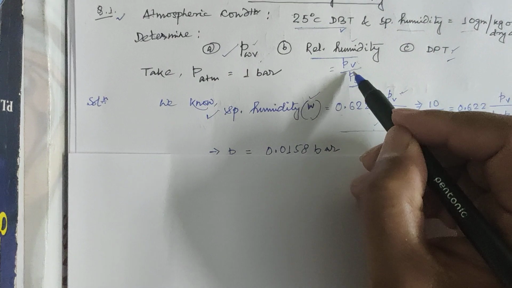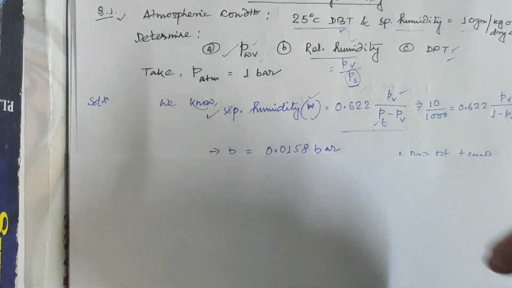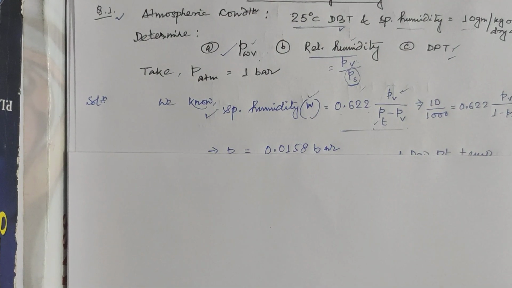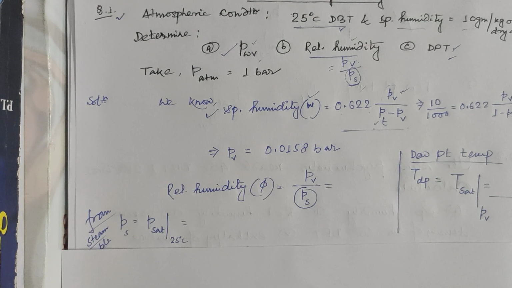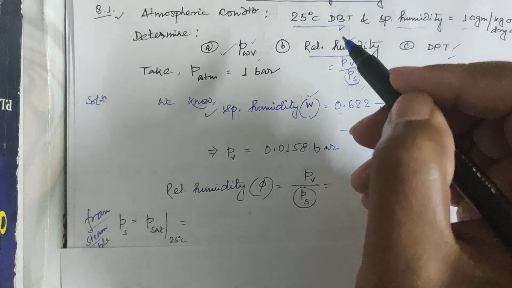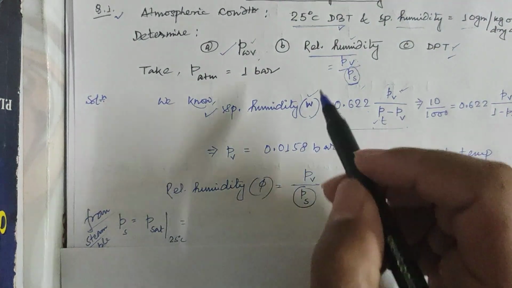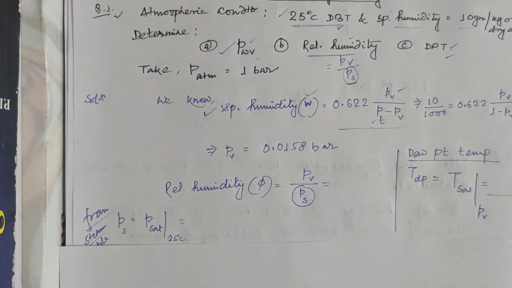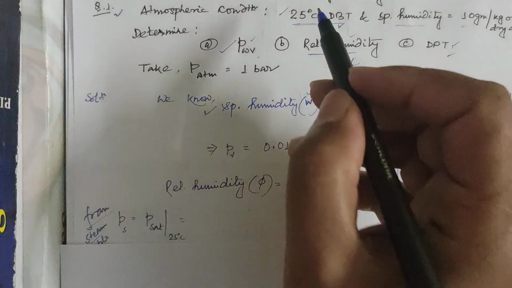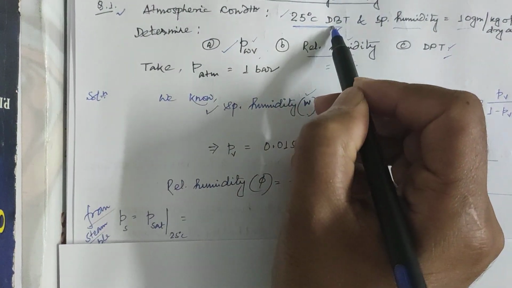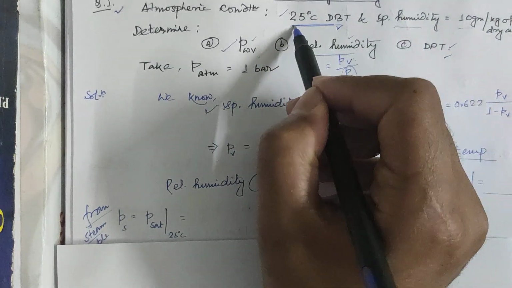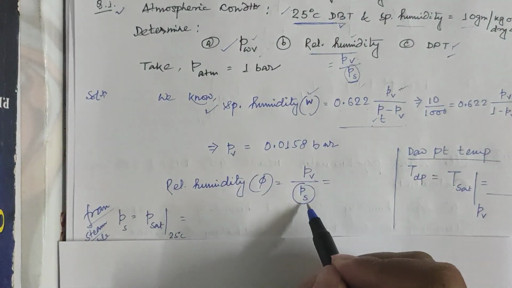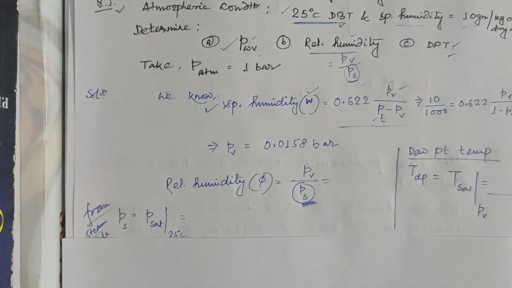This PS can be calculated from the steam table with the help of the dry bulb temperature. Since the dry bulb temperature is 25 degrees centigrade, the saturation pressure corresponding to it from the steam table will give the value of PS.